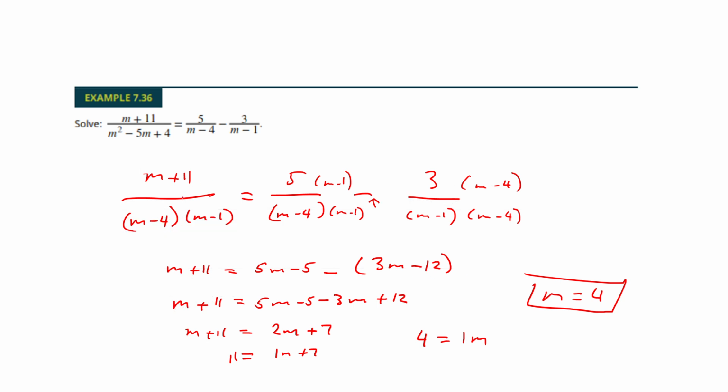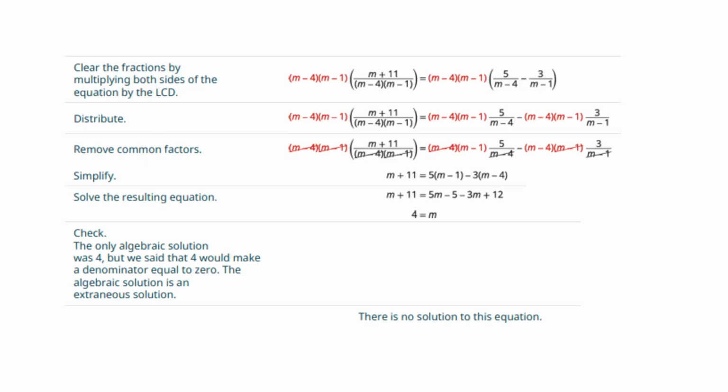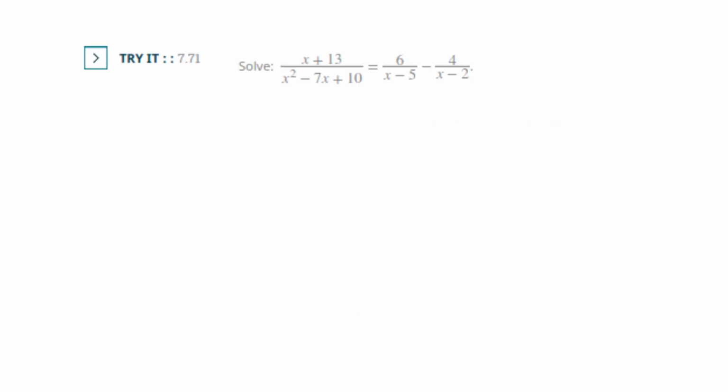Let's check our restricted values. The problems are 4 and 1. Those would cause it to break, and that's what we got. And so what we're going to say here is there's no solution to this, because the only one we found is not permitted. So it has to say that we can't solve it. Now I'm sure we're going to see the same thing here.